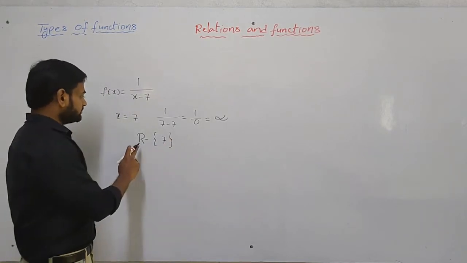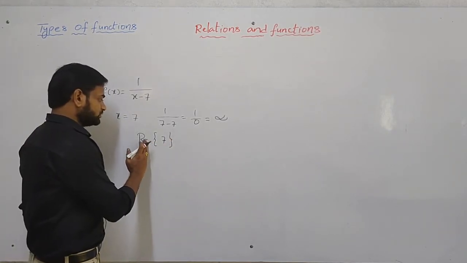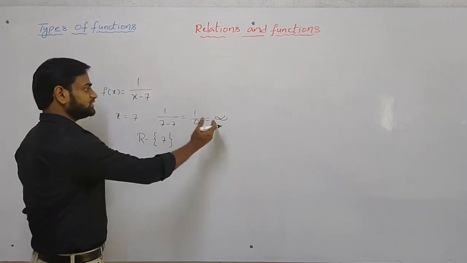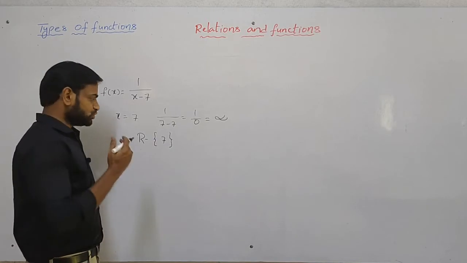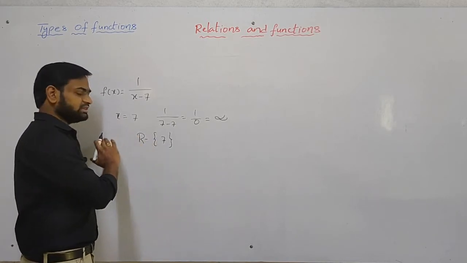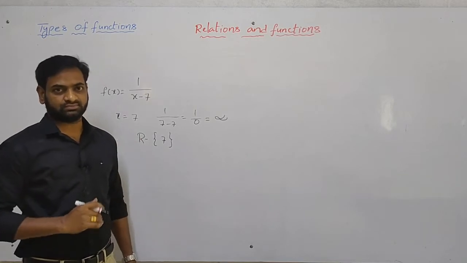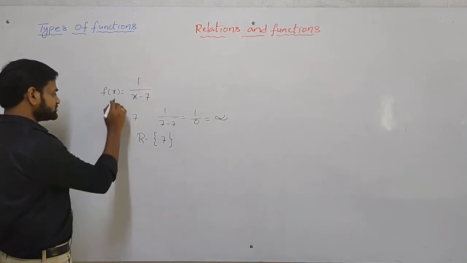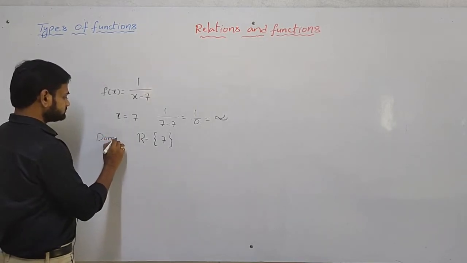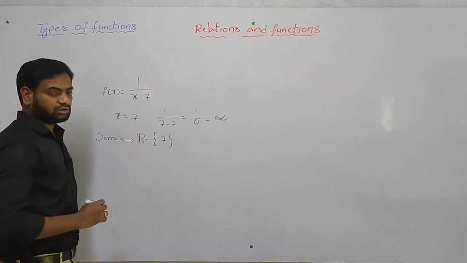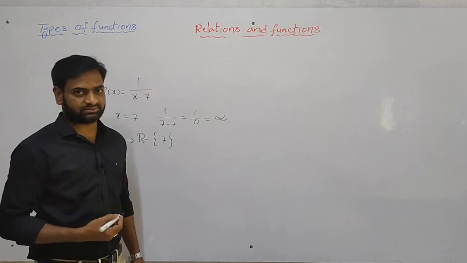That's why from the real numbers we have to delete 7. If you take 7, it is not defined. So except 7, the function is defined for all remaining values. That's why the domain of this function is R minus 7.